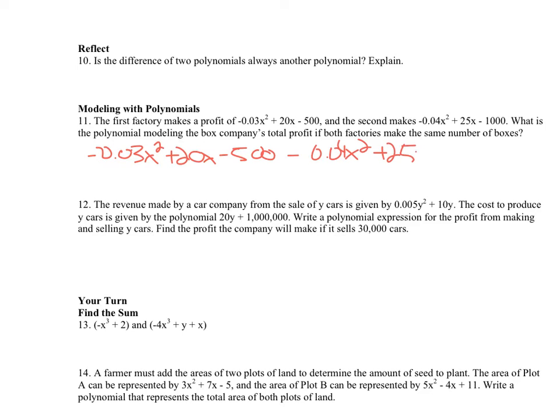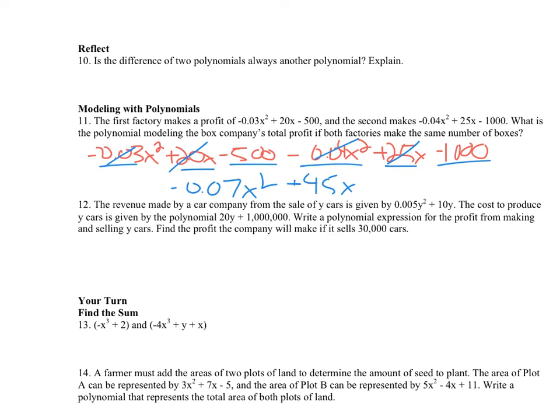And then 25x minus 1,000. Now combine like terms. I have an x squared and an x squared, so it gives me negative 0.07x squared. I have an x and an x, so that gives me 45x. And then negative 500, negative 1,000 gives me negative 1,500.